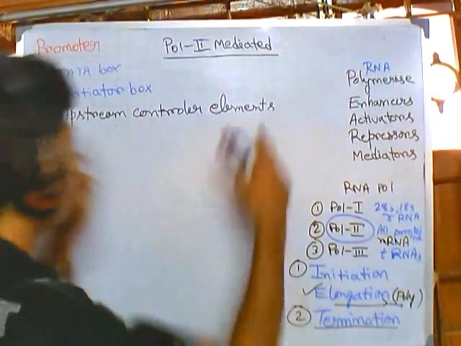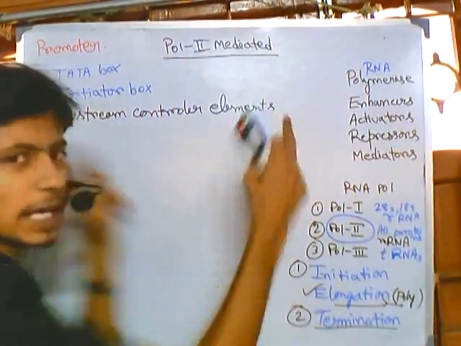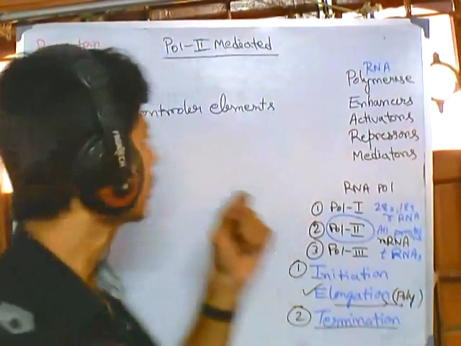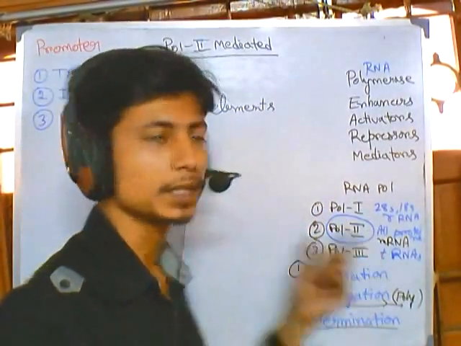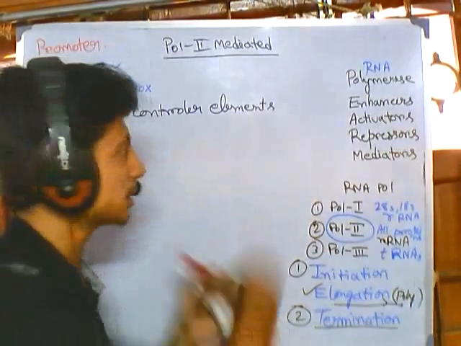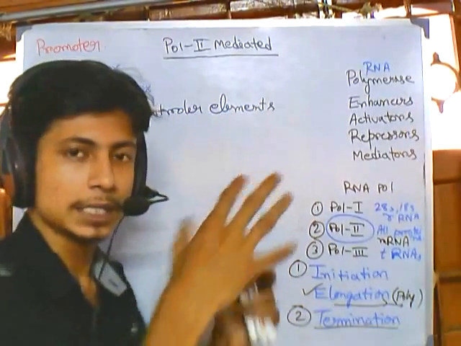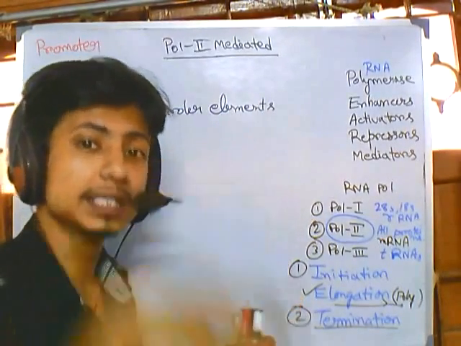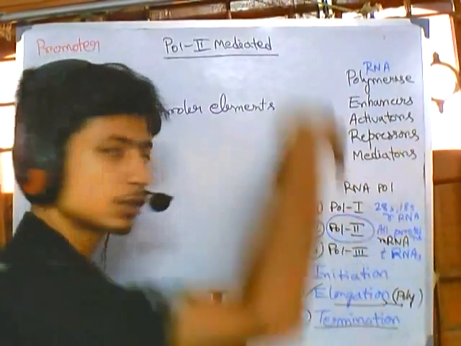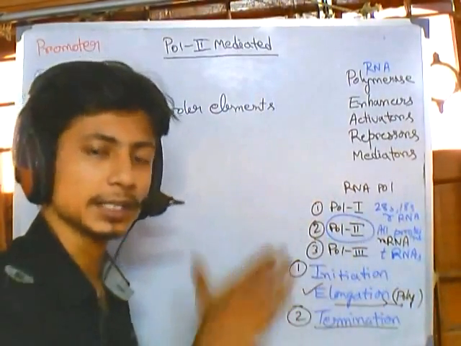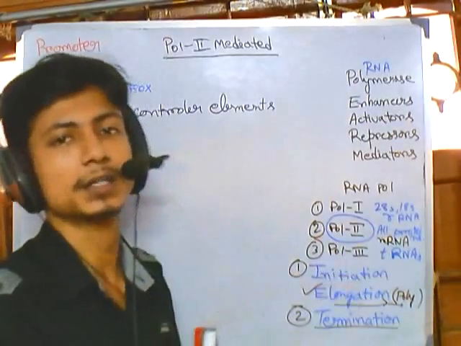Now this part will behave a little differently from what we see in pol 1 and pol 3. In the previous cases, it binds some transcription factors, then recruits an addressing molecule. That addressing molecule addresses the polymerase to the place of initiation, then comes the melting of the complex and the start of transcription.